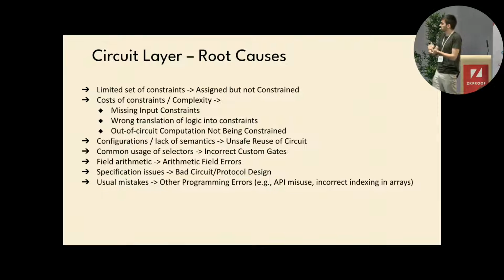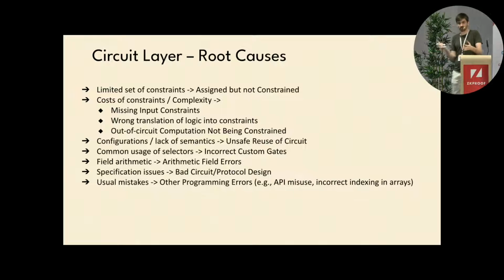The simplest optimization you can do, which someone can argue is not even an optimization, is to not check that your inputs are in the correct format or in the correct range you want, and leave that to some other components that are going to call your circuit, or some code that will call the verifier. That could lead to many bugs. So this is the missing input constraints.